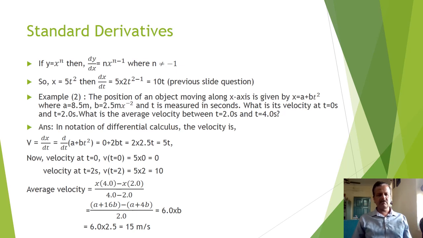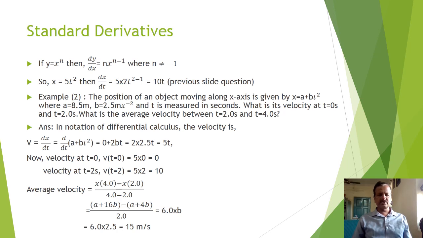Now the second part of the problem is calculating average velocity. As we did earlier, the average velocity is between the interval of time 2 to 4 seconds. Final time is 4 seconds, initial time is 2 seconds. So the time interval delta t is equal to 4 minus 2, that is 2, and x final minus x initial we have to calculate. x at 4 second minus x at 2 second is the numerator.